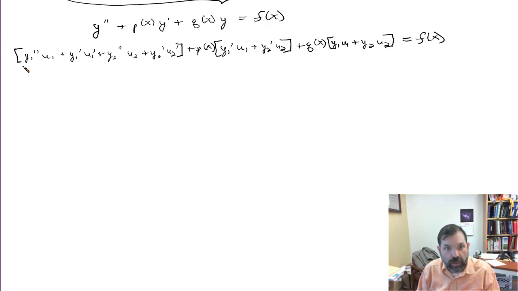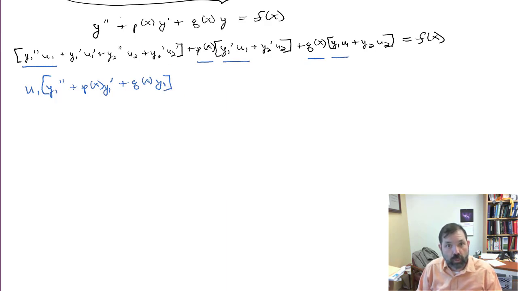I've got a y1 double prime u1, I have a p of x y1 prime u1, and I have a q of x y1 u1. So from those terms, I can factor out u1. I have u1 times y1 double prime plus p of x y1 prime plus q of x y1.